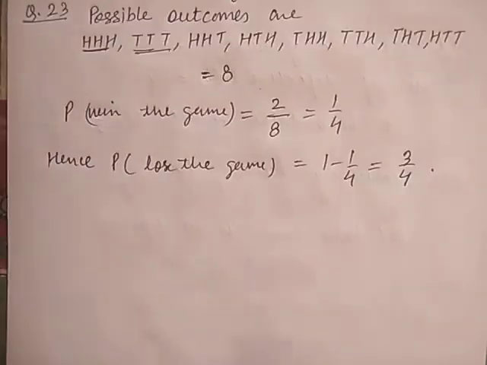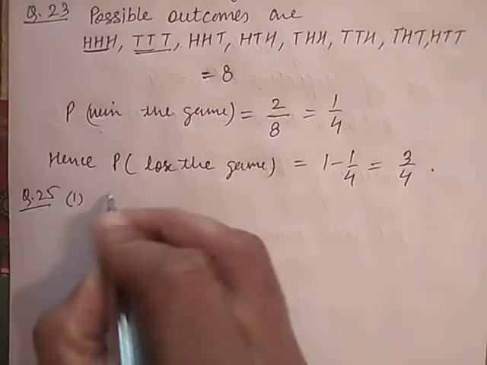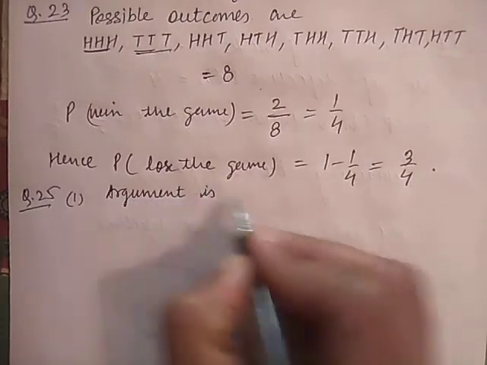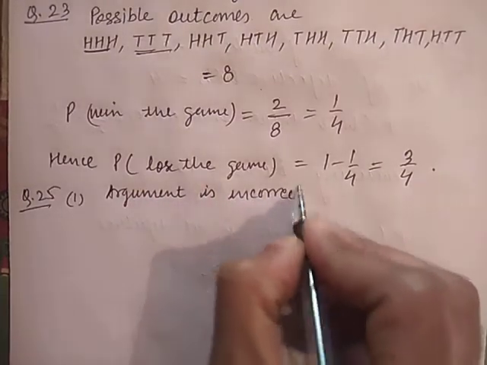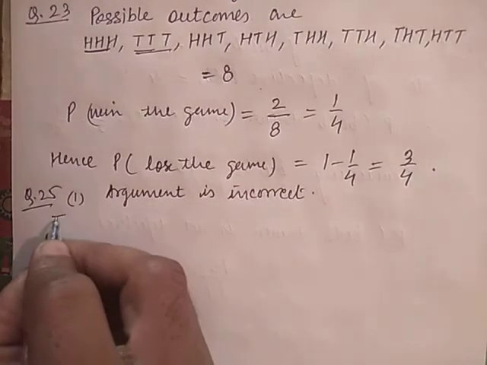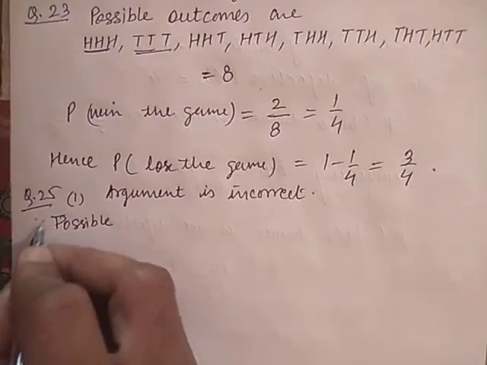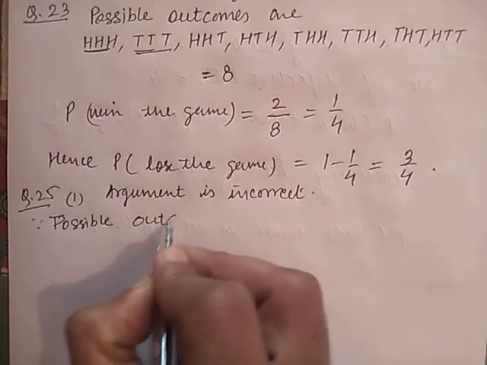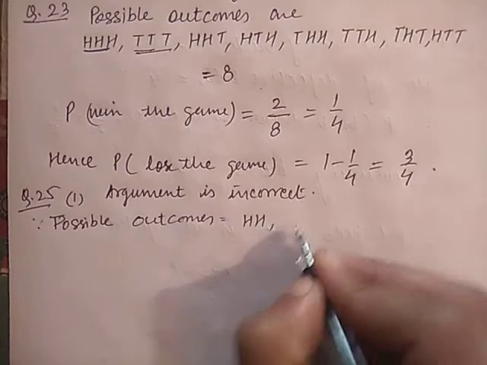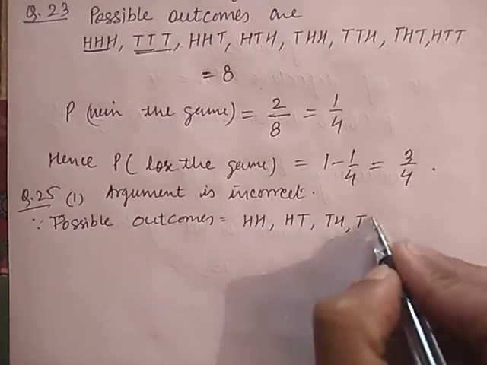So in the first case, in question number 25, the argument is incorrect. Why? Because the possible outcomes in the given condition are head head, head tail, tail head, or tail tail.